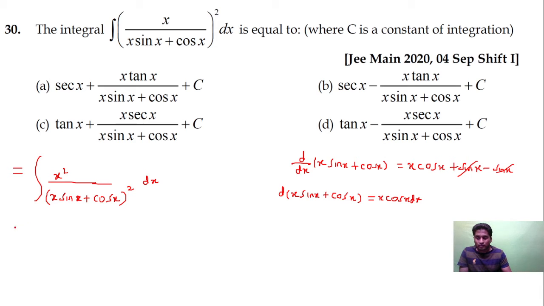So I'm going to write x square as x into x upon x sin x plus cos x the whole square. Understood, right? I just wrote x square as x into x. Now I have to use this x cos x, so I'm going to divide by cos x and multiply by cos x.